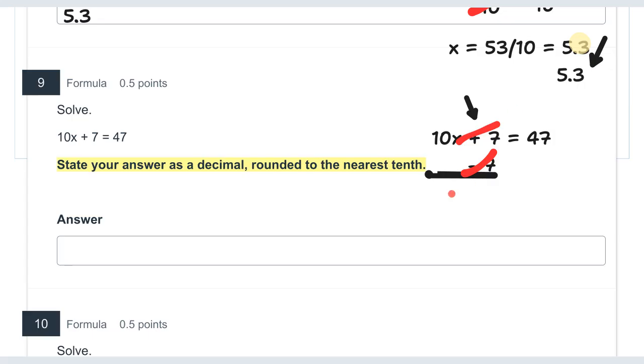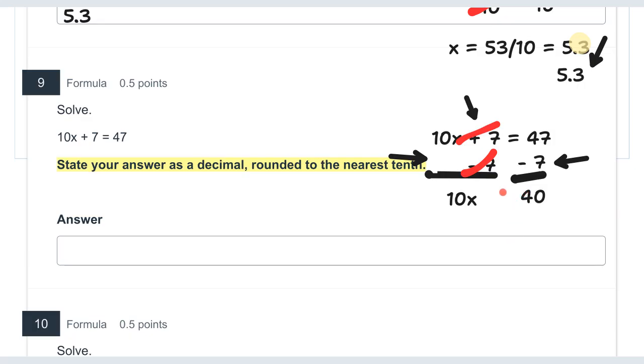So what's left over here is 10x. But since I subtracted 7 from this side, I then have to subtract 7 from this side. So 47 minus 7 is better known as 40.